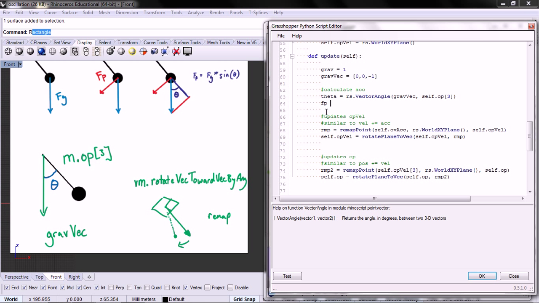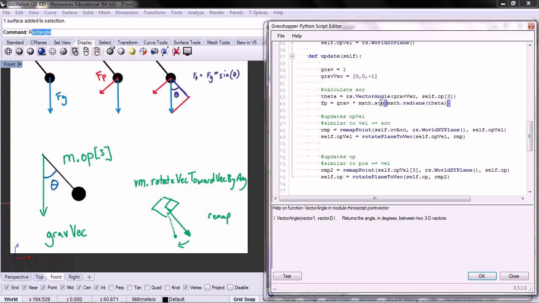I'm just going to leave this FP so it mirrors what we have written here, and then we have gravity times, and this gets a little bit dense here. We have math.sine, and then we need math.radians. I think radian or radians. Radians. And we're going to put theta in here.